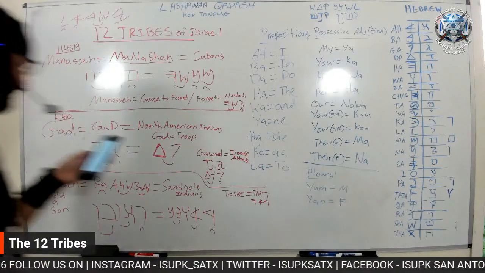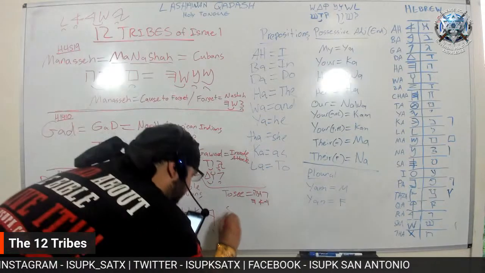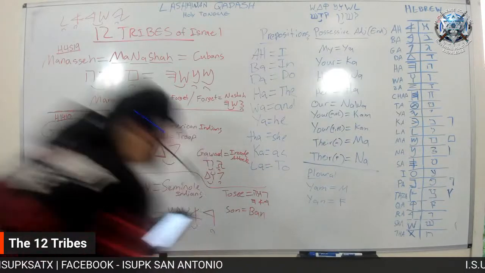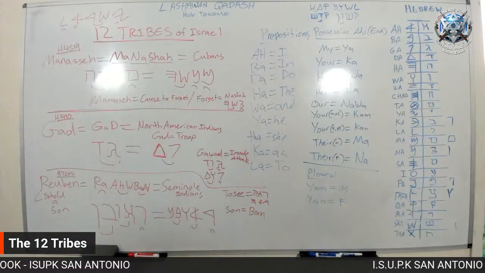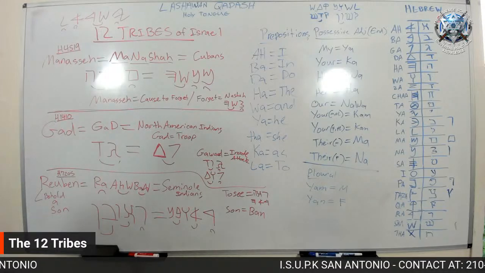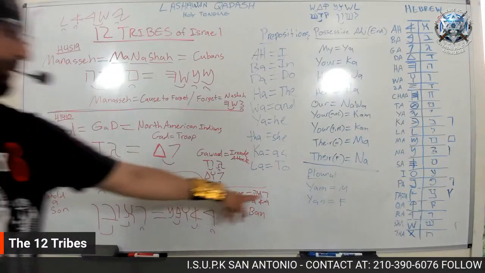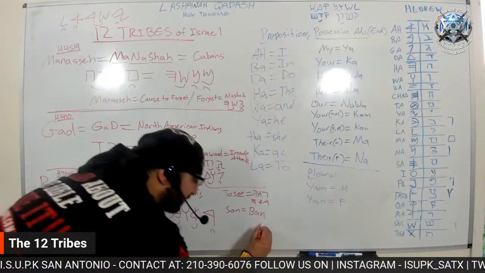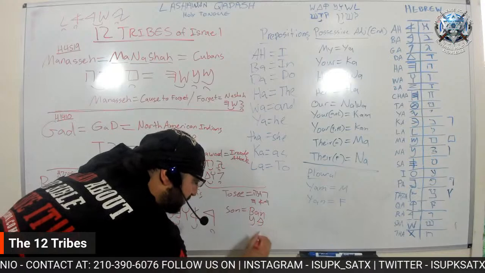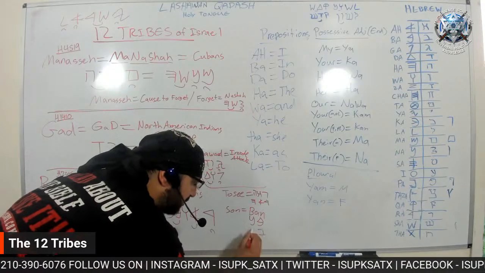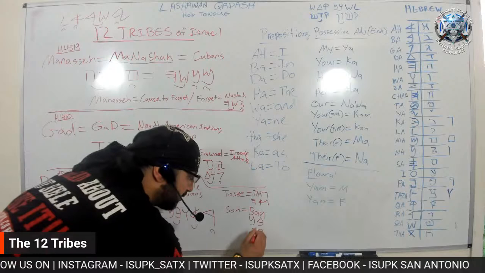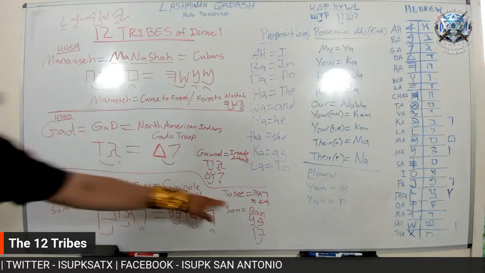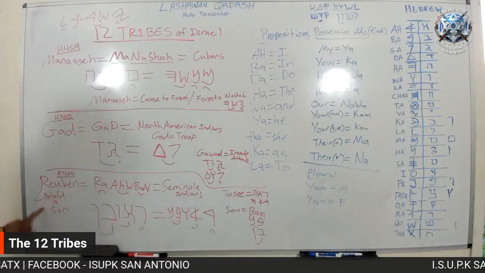Ban. We know what ban means, right? Son. To see is Ra'ah, and then the word son is ban. So Ra'ah ban is literally, it says to see a son, behold a son.